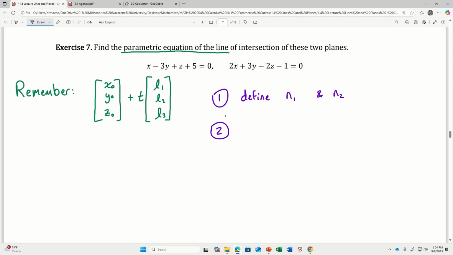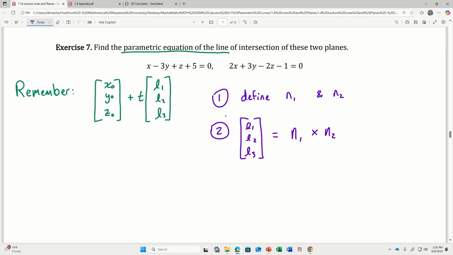And so this L1, L2, L3 vector could just be N1 cross N2. Because the cross product is going to give me a third vector that's orthogonal. And I just need any old vector that's going to be orthogonal to both of those normal vectors so that it can be parallel to my line of intersection so that it can fit in right here.